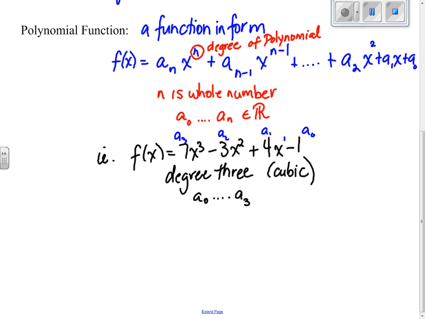If you have a constant function, f of x equals 7, that has degree 0. There is an invisible x to the 0 beside that 7, degree 0. So we're going to just practice looking and recognizing functions and a little bit with polynomial functions.